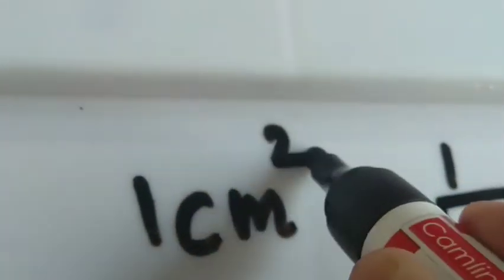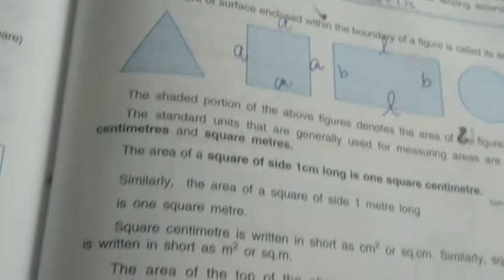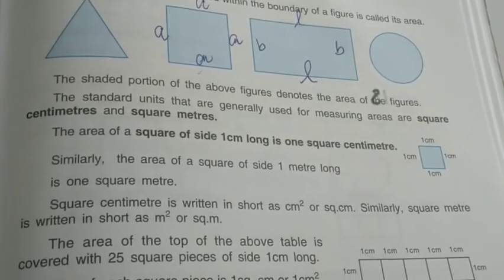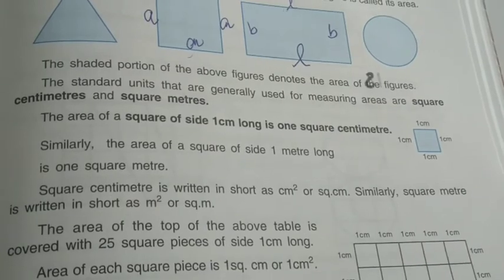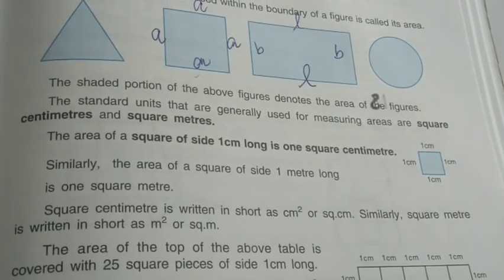So its total area will be 1 centimeter square. Okay. So the area of a square of side 1 centimeter is 1 square centimeter.